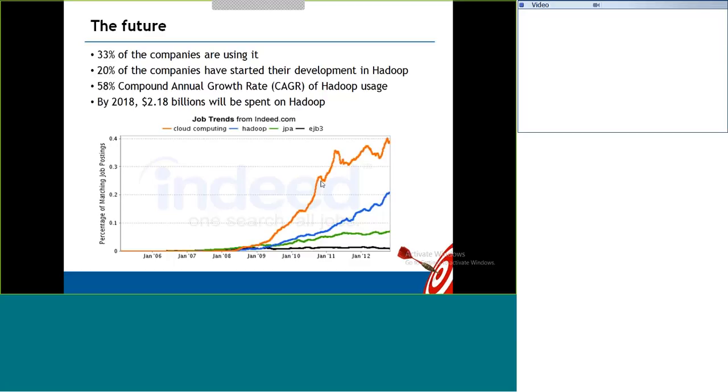We can use their product, or you can build your clusters using their Elastic Compute Cloud EC2 or Simple Storage Service S3 to build your Hadoop clusters. You can reduce your cost if you use the cloud to build your Hadoop cluster. So Hadoop can be built in your cloud also.